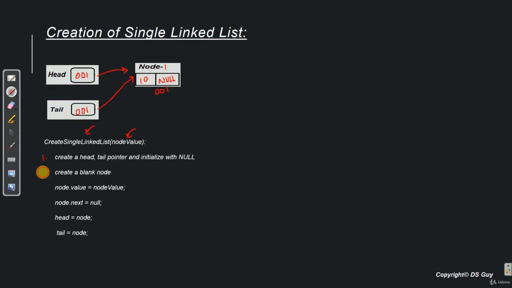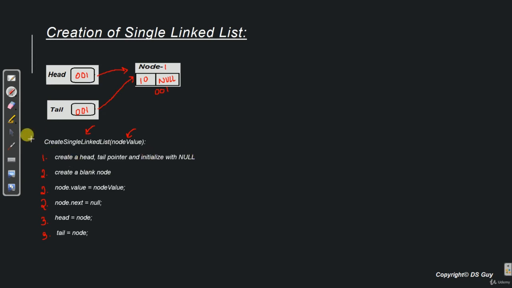The second step is we create a blank node, then we insert a value in it, and the reference part of it is initialized with null. So all these 3 things need to be done in step 2. Now step 3 is we link head with the node and we link tail with this node. So that is all as far as creation of a linked list is concerned.